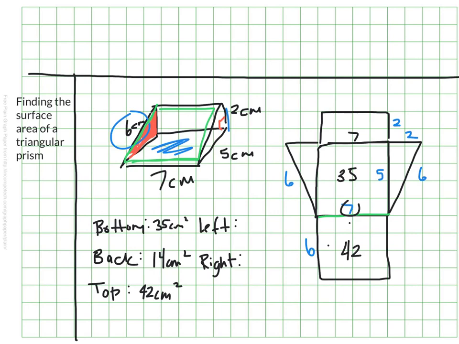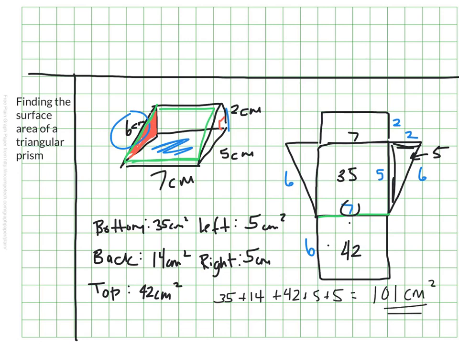So of course we want to remember the way to find the area of a triangle, which is our base times our height, but then divided by 2. So this is 2 by 5, which is 10, but divided by 2 makes 5. So that's going to be both our left and our right values. And then we'll just add those up to find our total surface area. And in doing so, I get, let's see, 101 centimeters squared total.